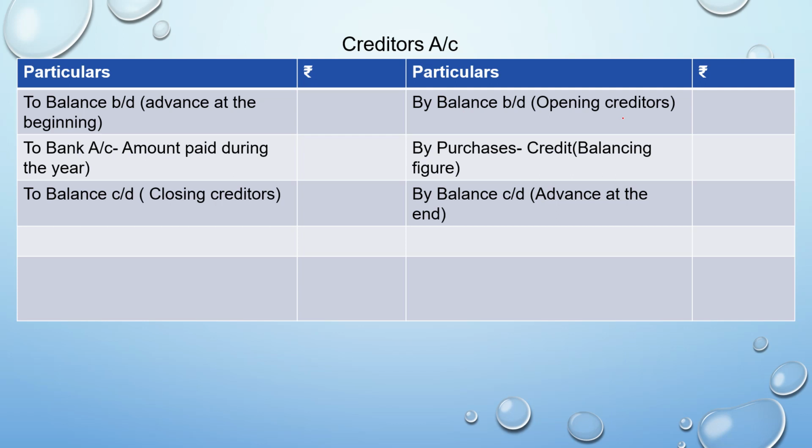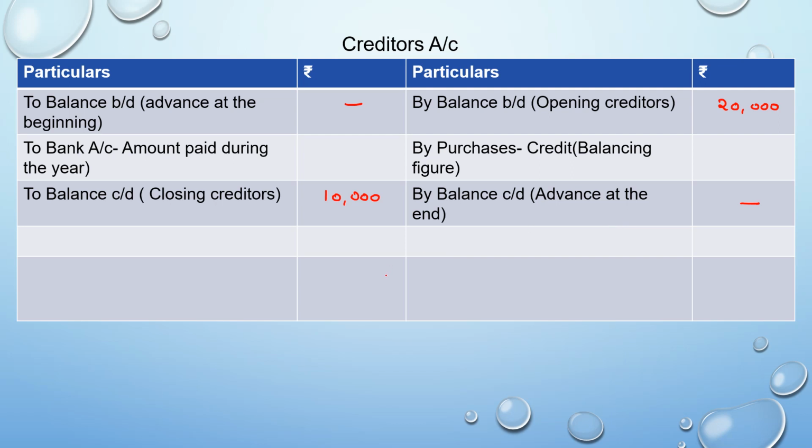Now here they have given us the value, if you can recall or refer to the question and see that the opening creditors value was 20,000 and closing creditor value was 50% of it, so it was 10,000. They have not given the value of advances, so that will be blank. If it is given, opening on the debit side, closing advance on the credit side.